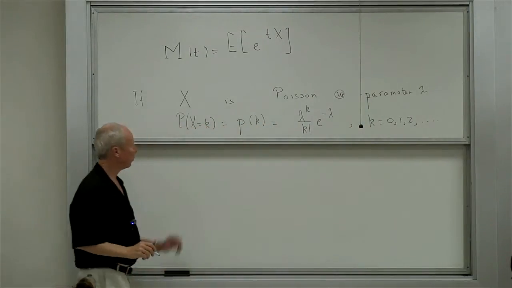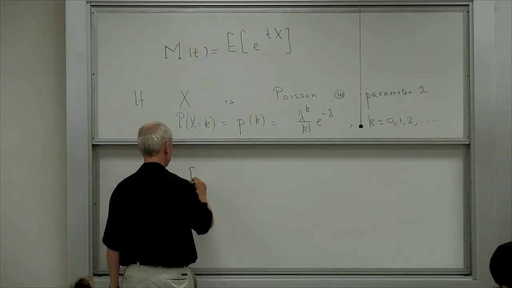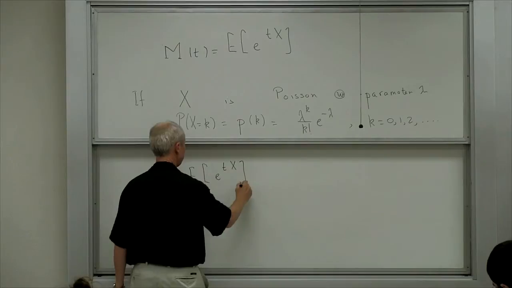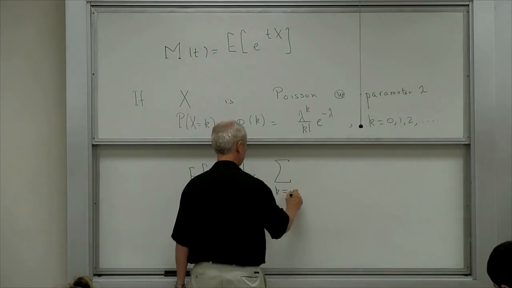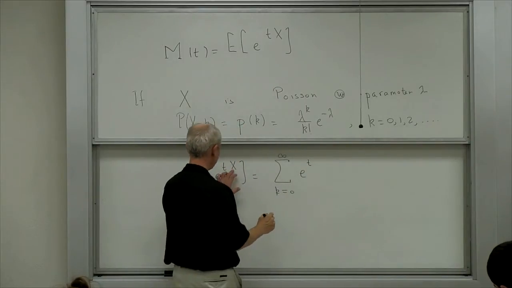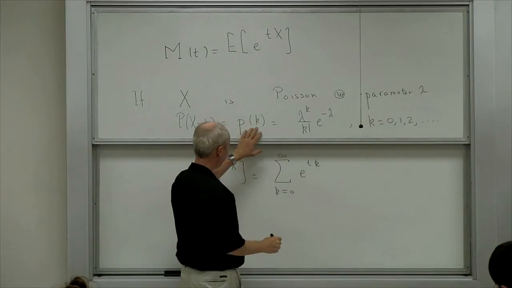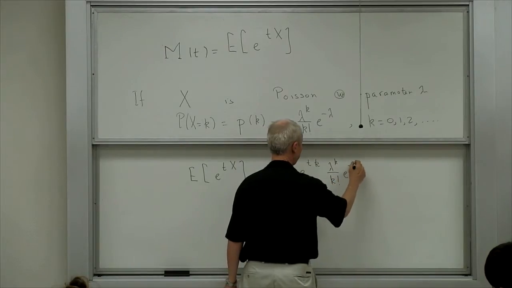There's the PMF for the Poisson. Let's compute the moment generating function for it. Here we evaluate this function at k, and then we multiply by p of k, but I'll just write it immediately here: lambda to the k over k factorial e to the minus lambda.